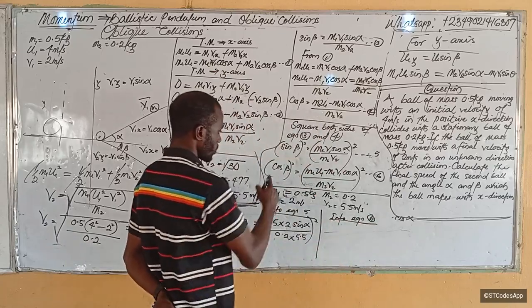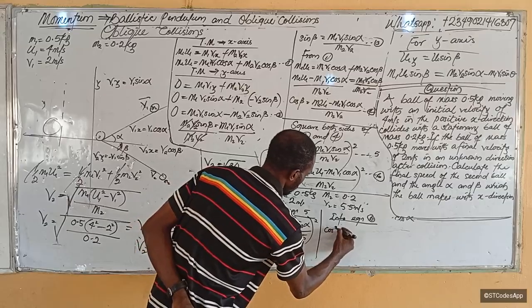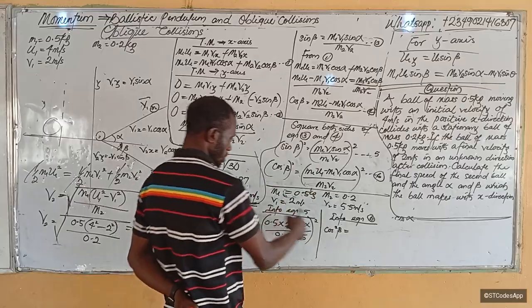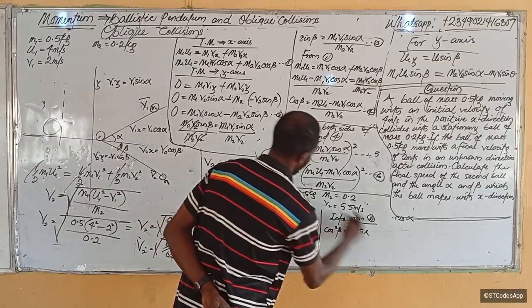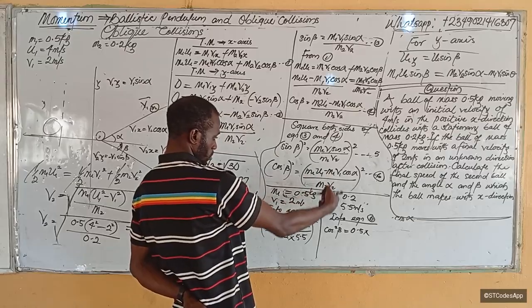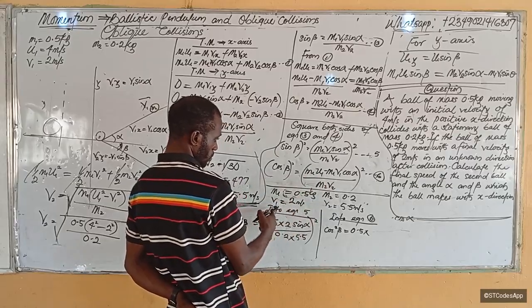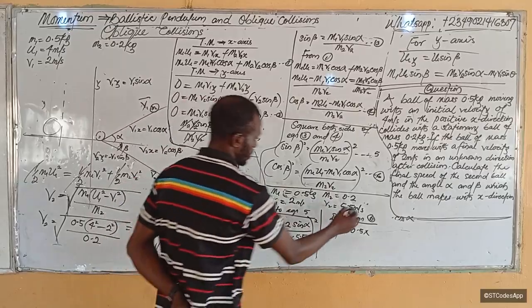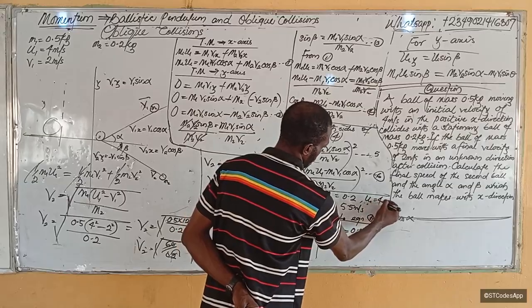Into equation 6. What's equation 6? Cos squared beta is equal to m1, 0.5 times u1. What's u1? 4. I didn't write that. u1 is 4 meters per second.